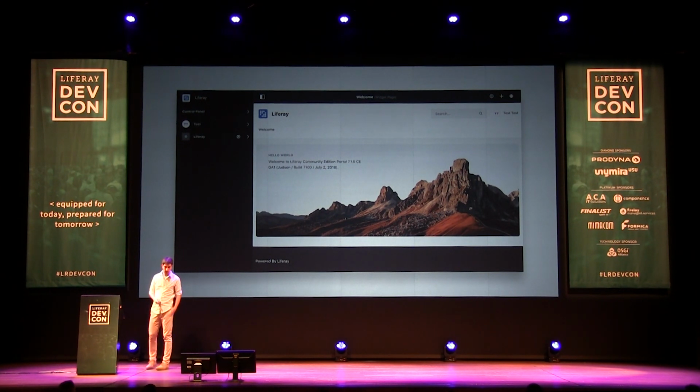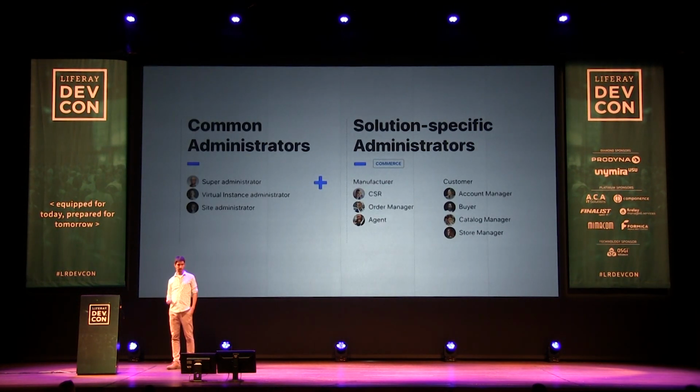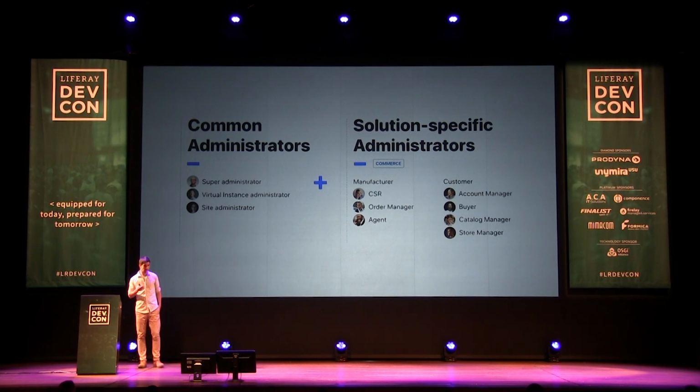But while analyzing our business users and referring to different market cases, we have found out that, for example, in commerce, there are different business users who are also administrators, and they go further than the common administrators that we have. They are solution-specific administrators. For example, in commerce, we have the manufacturers, where you can find the agent, the order manager, or the CSR, where the CSR, for example, only manages customers, orders, or payments.